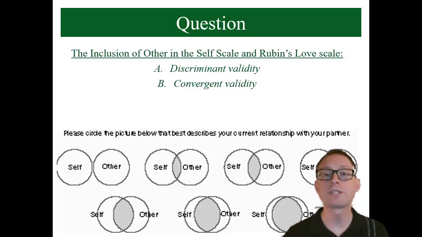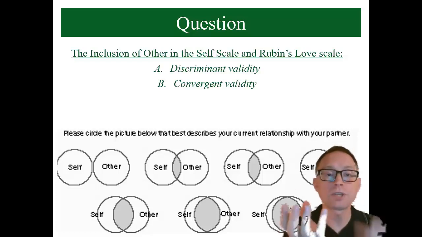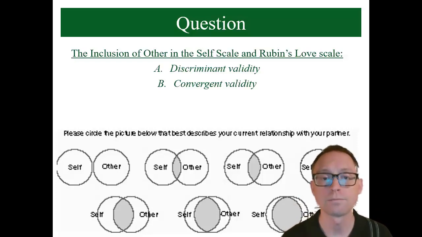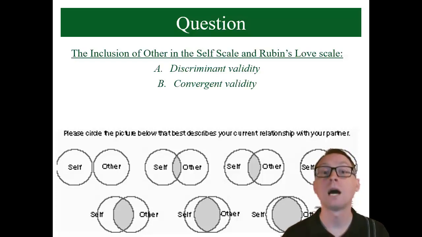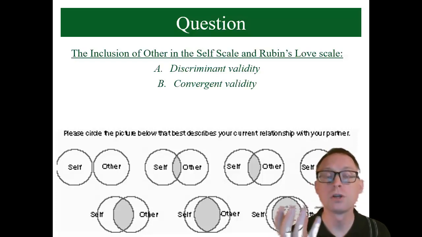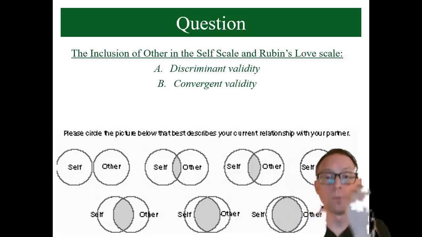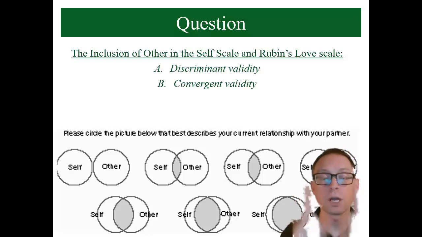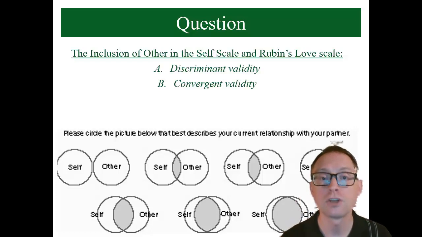So if I have the same people take the inclusion of the other in the self scale and the Rubin's love scale, what would I be looking for? I would be looking for convergent validity, because with relationship closeness, the more close, the more love, right? The higher you get on relationship closeness, the higher you get on the love scale. They should have convergent validity. They should go together.